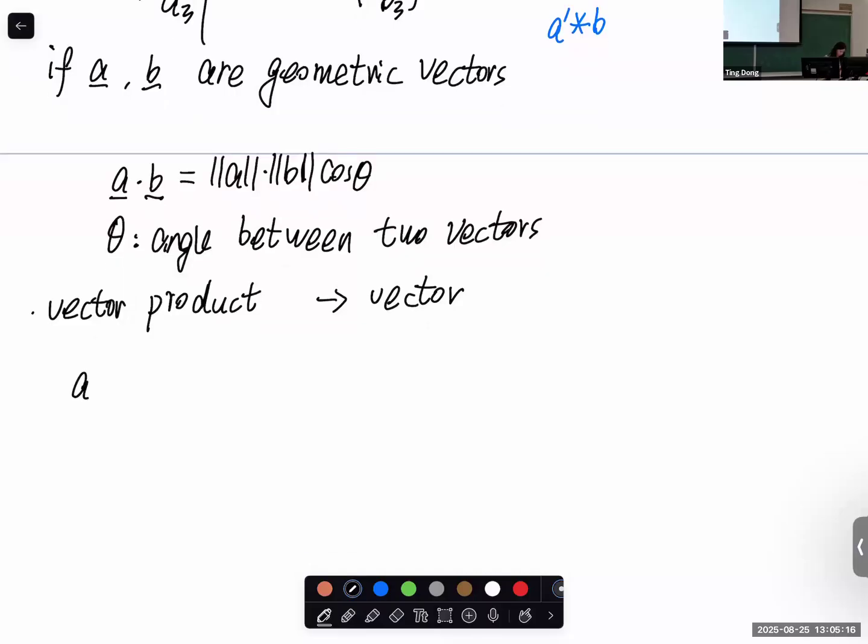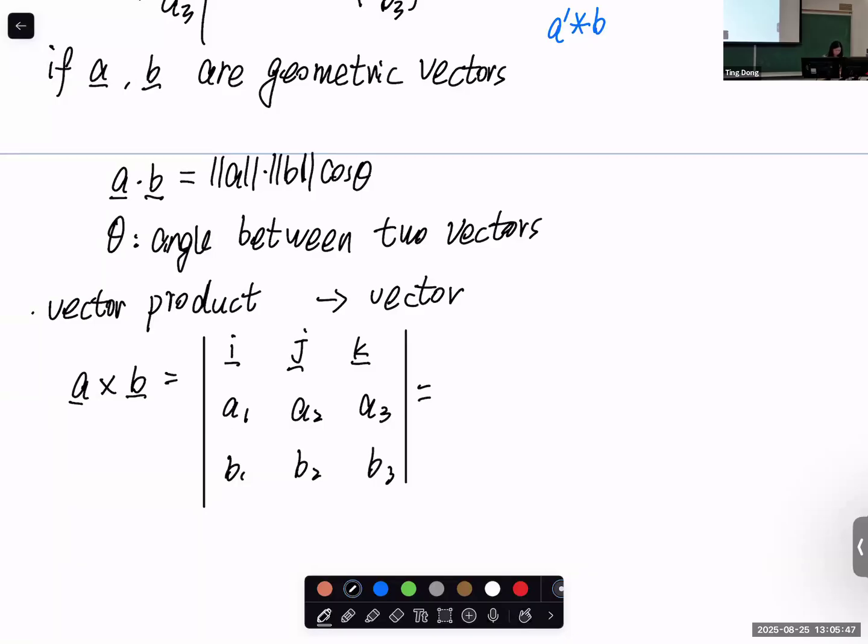And let's still assume that we have A and B with three components. Then the vector product becomes, let's say, the unit vectors in the x, y, and z directions, i, j, k. And the way we calculate is with the rows a1 a2 a3 and b1 b2 b3.